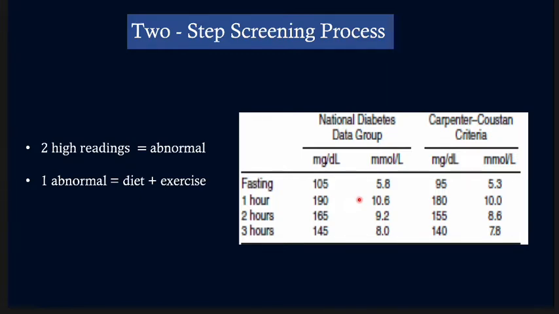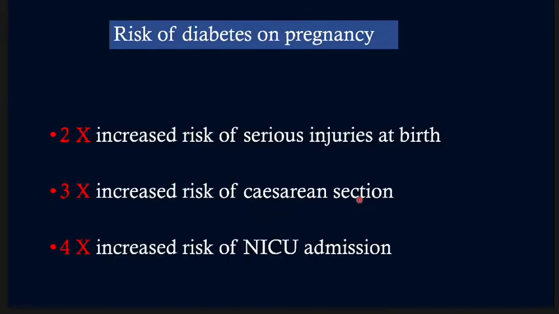So how does diabetes affect pregnancy? Because it does have several adverse effects. It increases serious injuries at birth 2 times, because some of these babies are prone to be macrosomic, causing shoulder dystocia, and then there is a high risk for cesarean section, and of course these babies, due to several issues, might be at risk of admission to NICU.